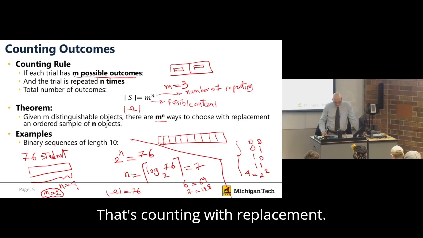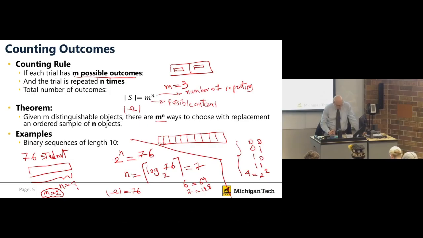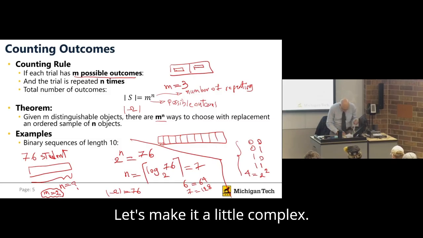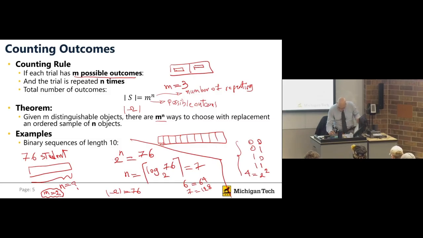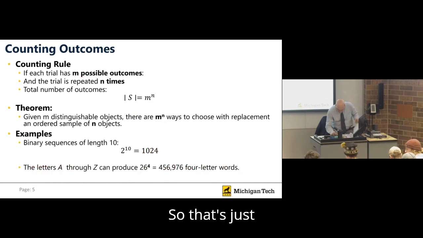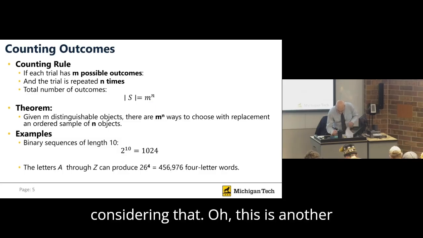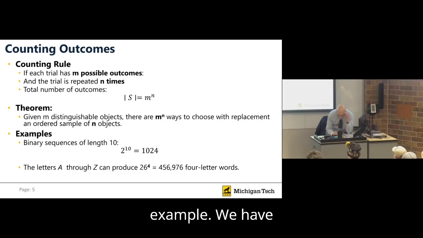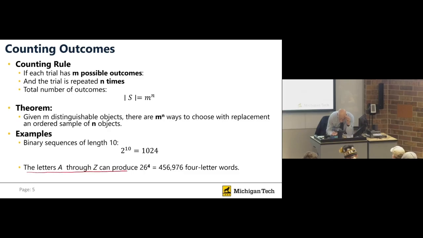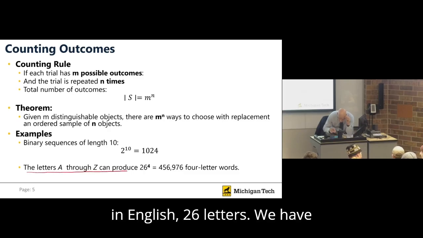That's counting with replacement. Let's make it a little more complex. That's just considering that. Oh, this is another example. We have letters A to Z in English, 26 letters.